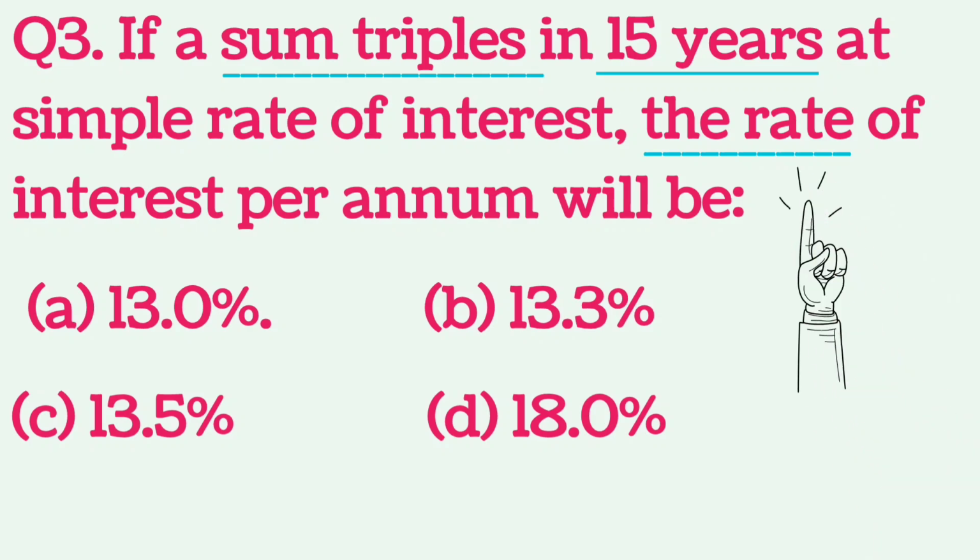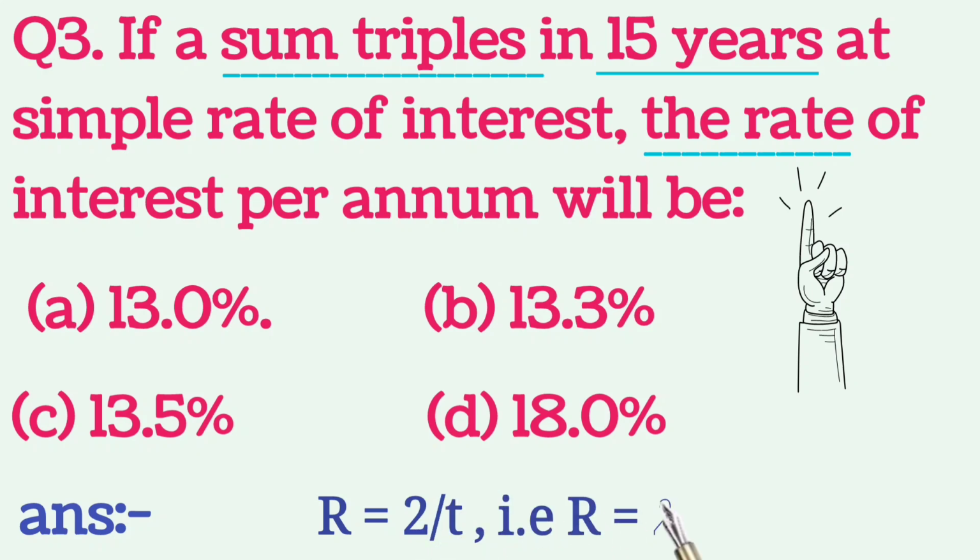As we know, for the amount that triples, R is equal to 2 divided by T, where T is 15. And we have to multiply it with 100 because rate will always be in percentage.